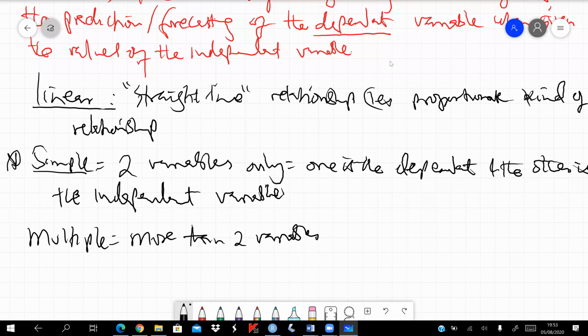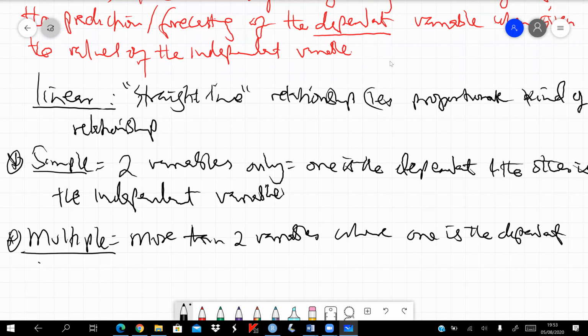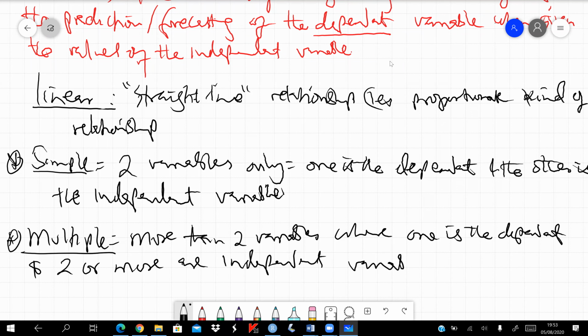So in this case, that's a bivariate case. In the multiple case, we talk about a multivariate case. More than two variables, where one is the dependent variable and two or more are independent variables. That's what we should be calling multiple regression. So we shall be talking about simple linear regression and multiple linear regression.